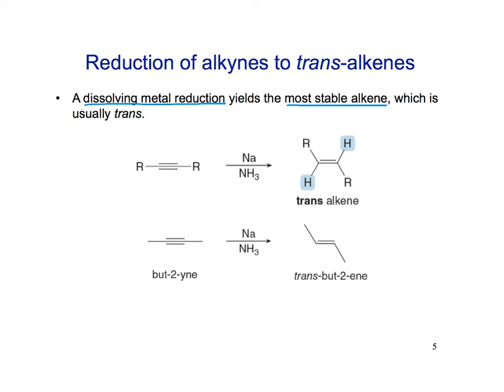So what we see is we start with, again, our alkyne. Notice that there's no actual hydrogen gas used in the dissolving metal reduction. But our product has a net addition of 2 hydrogens, and notice that the 2 large groups here are on opposite sides, and so this is a more stable trans product.